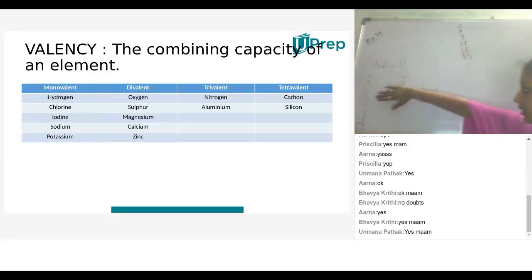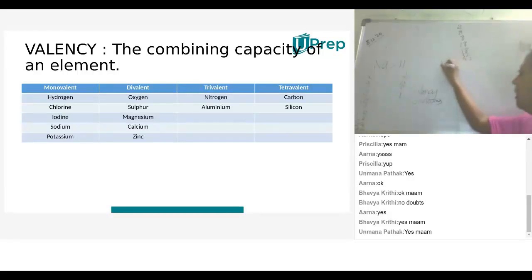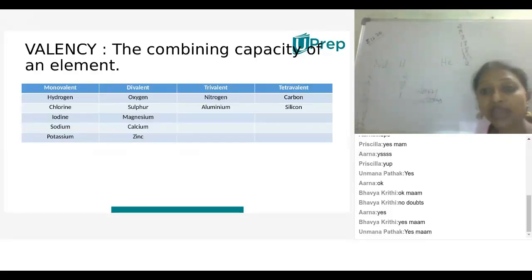When it gives, the outer shell has 8, and it is stable according to inert gas configuration. What do you mean by inert gas configuration? Helium has 2, which completes the duplet or octet rule. That means the outermost shell is completely filled with 2 or 8 or 18 or 32, so they neither give nor take to get stability.